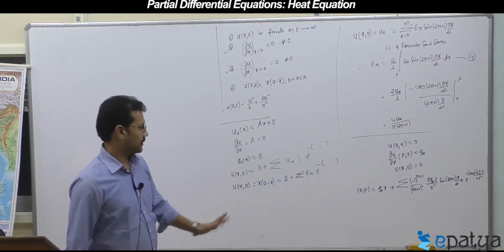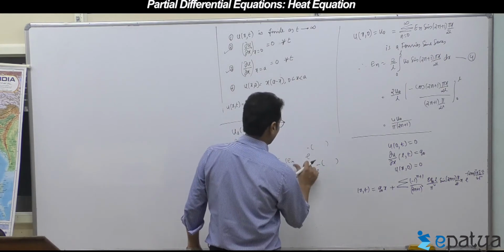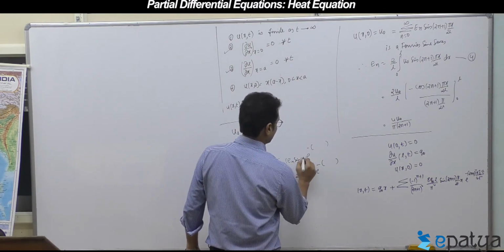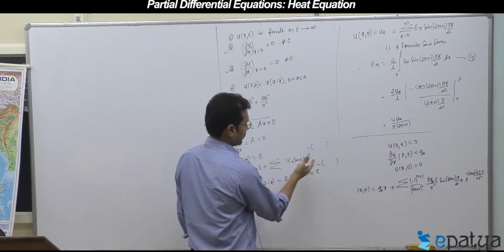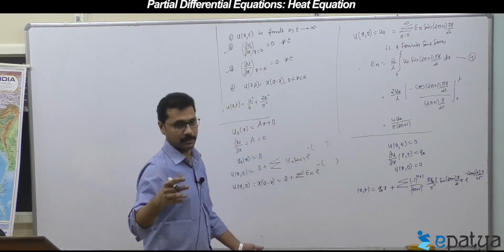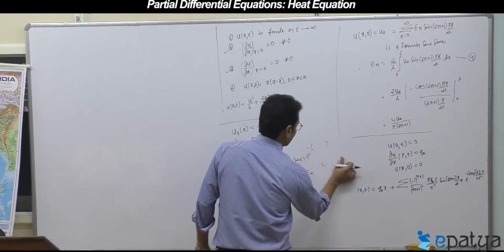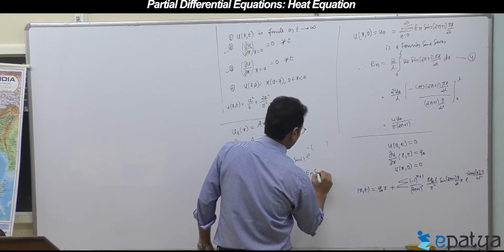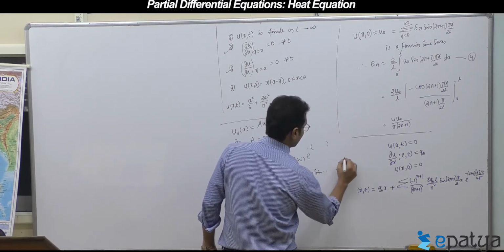En sin will be there, sin whatever, obviously (2n plus 1) pi x by 2L whatever. So here also En sin (2n plus 1), e power minus of something.